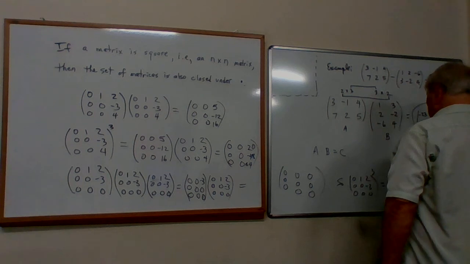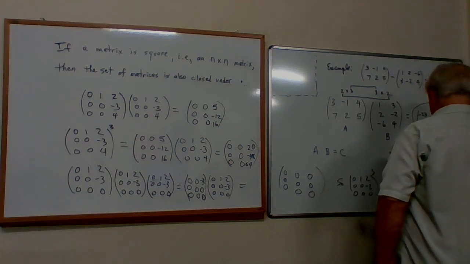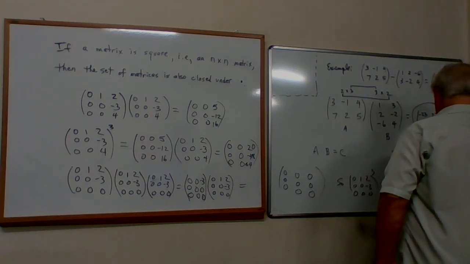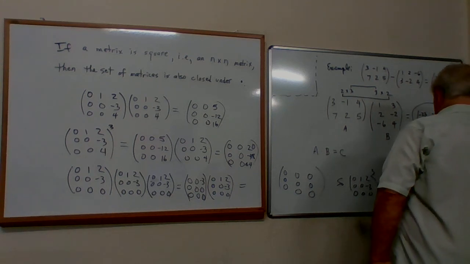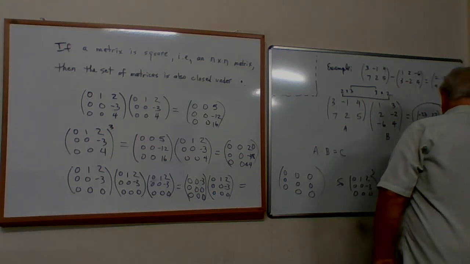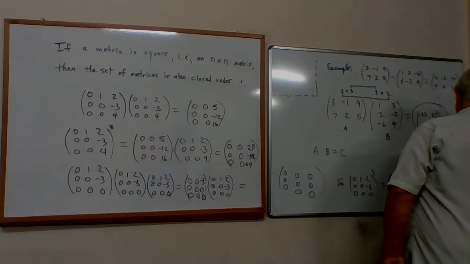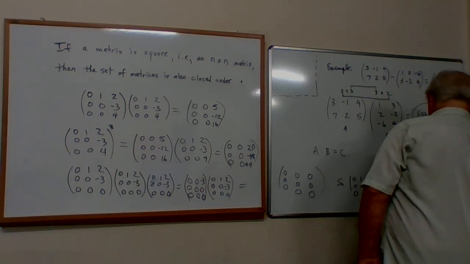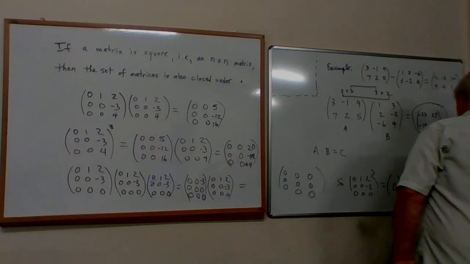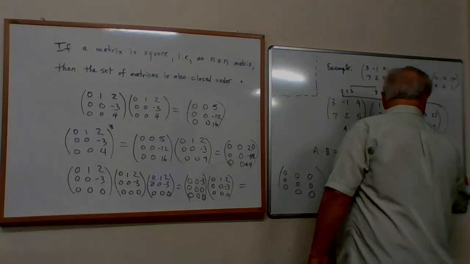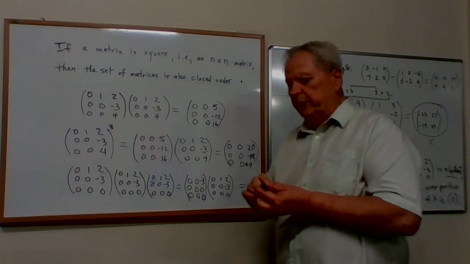So 0, 1, 2, 0, 0, negative 3, 0, 0, 0 is nilpotent, N-I-L-P-O-T-E-N-T. That is to say, some positive power of it is the 0 matrix. So that's the definition of nilpotent.